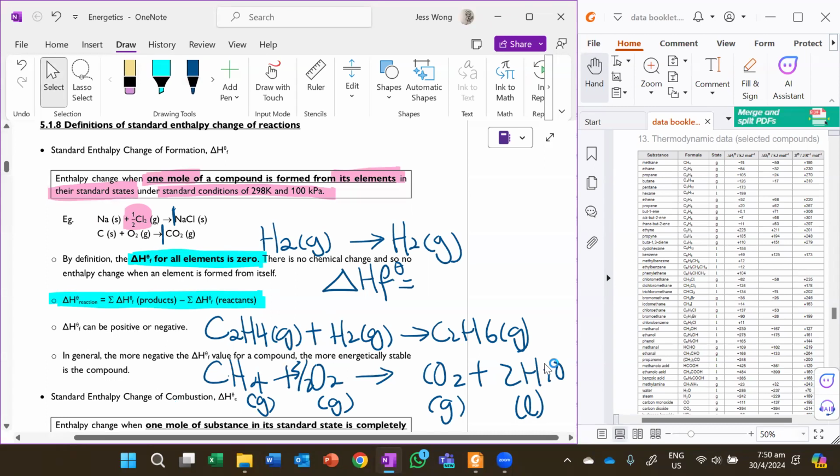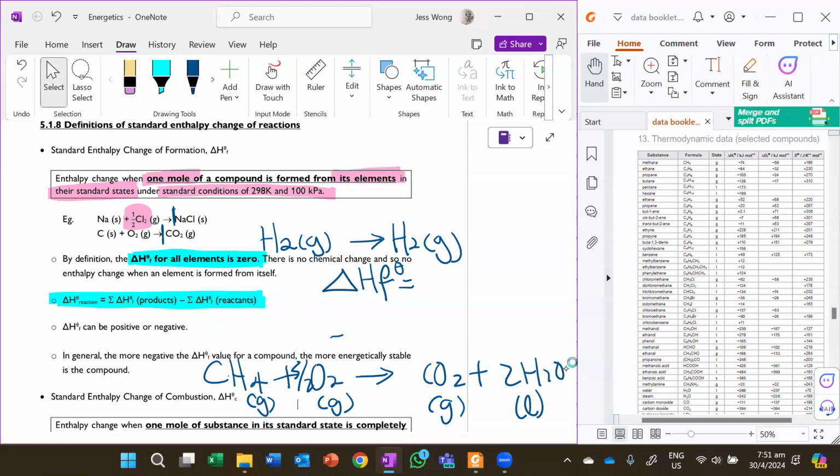So if I want to find out the enthalpy change of this reaction, which is a combustion reaction, I can use formation data. Okay, I can use formation data to find out the enthalpy change of any reaction, for example, a combustion. So what I do with the data is make use of the formula products minus reactants.